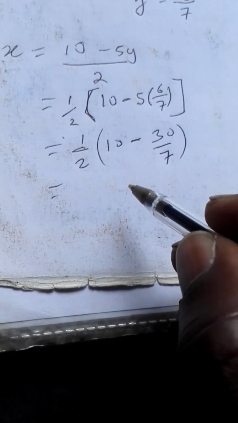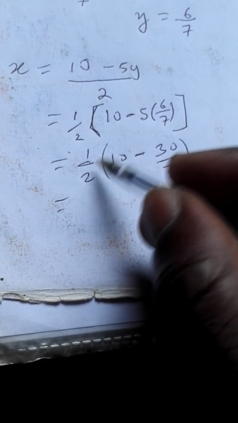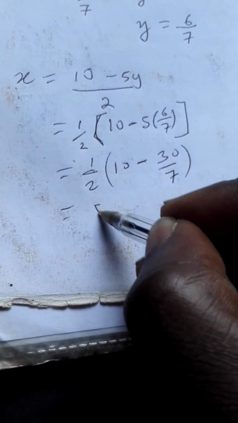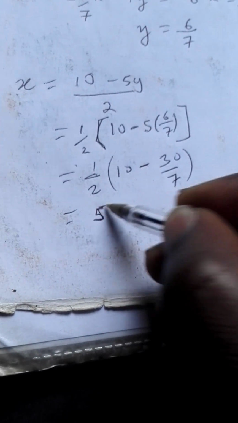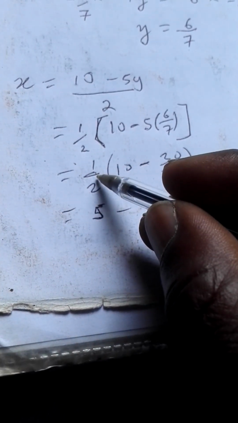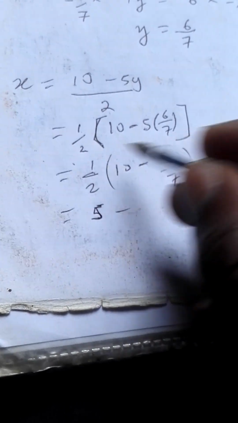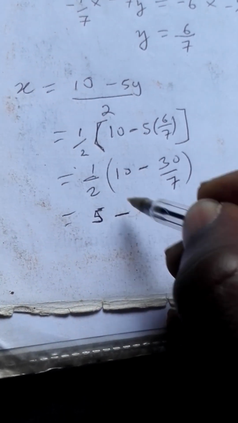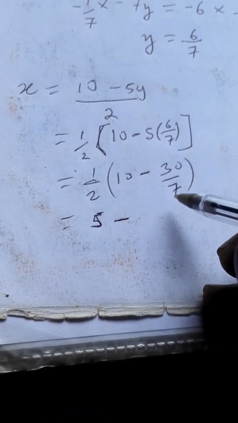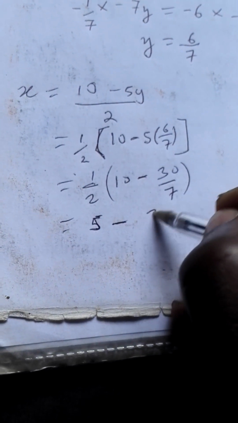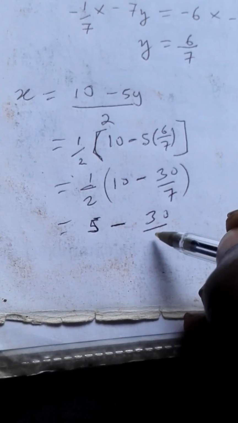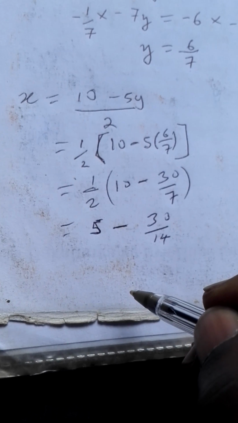So the 10 multiplied by half is 5, and this multiplied by the half, 30 divided by 7, is simply 30 divided by 14.